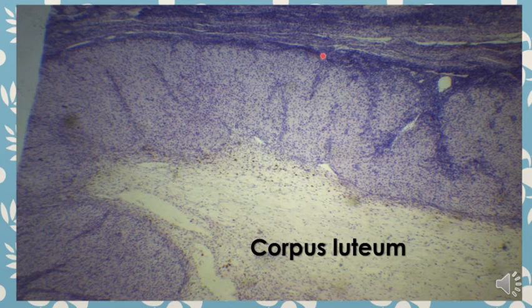While the surrounding dark staining cells, you can see surrounding and located at the periphery between the folds of the granulosa lutein cells of the corpus luteum, are called the theca lutein cells.